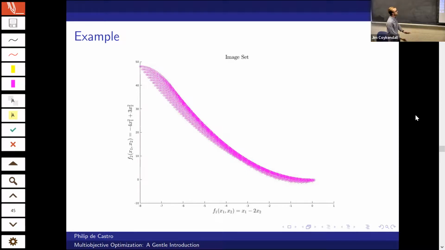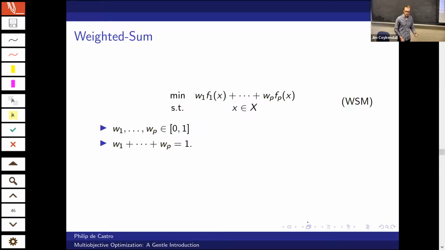To try to scalarize this, the first idea is weighting. Let's talk about which function is more important to us compared to others. That basically gives us the weighted sum method. Looking back at our generic multi-objective problem, we have our P objectives. Let's just assign weights to each one.